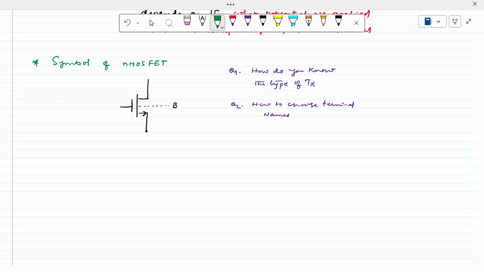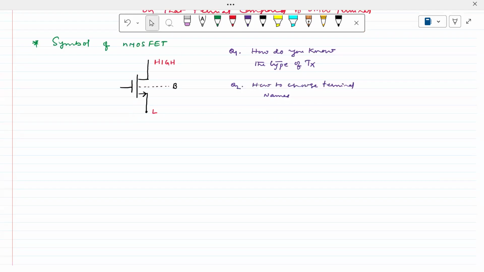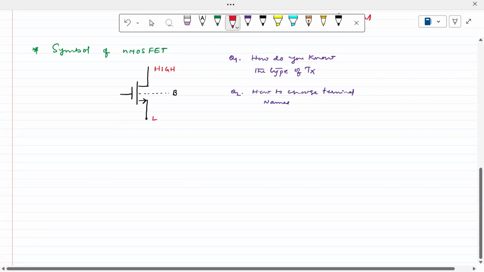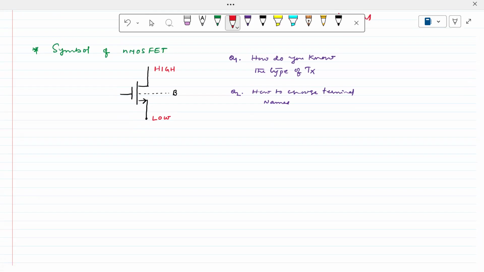Now tell me, how do we know? For example, if I say apply the high potential here and low potential here, apply the high potential there and low potential here, can you say which one is the source and which is the drain?